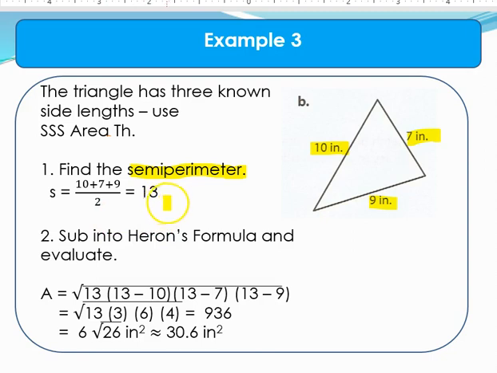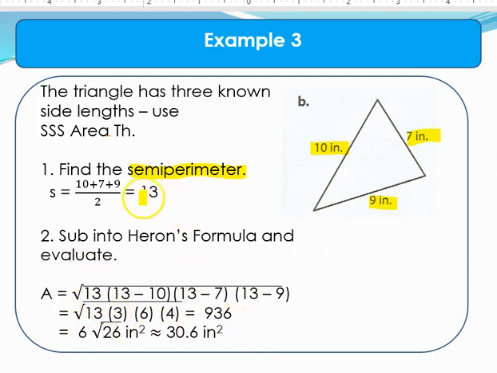We now take the 13 and sub it into Heron's formula. And Heron's formula was S times S minus one of these sides times S minus the other side times S minus the third side. So this is first side, second side, third side, and we take the square root of that.